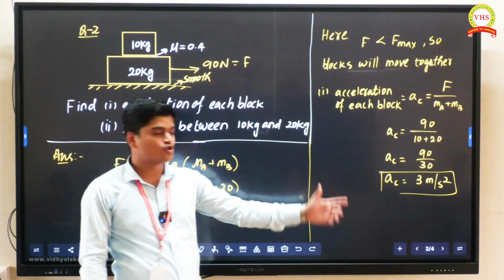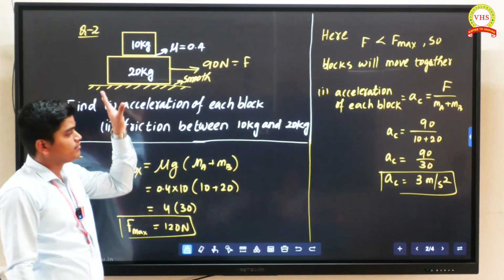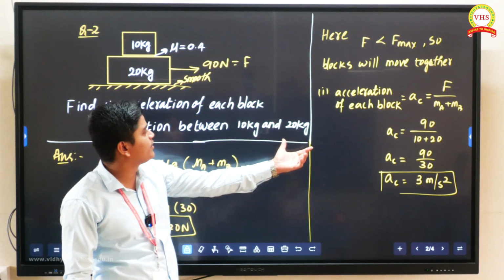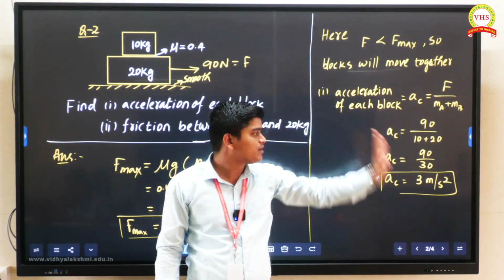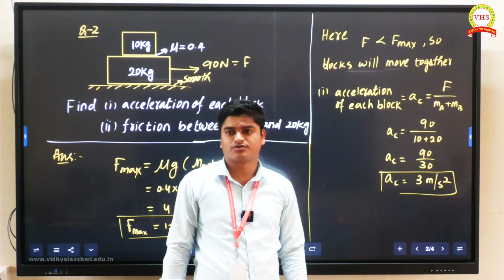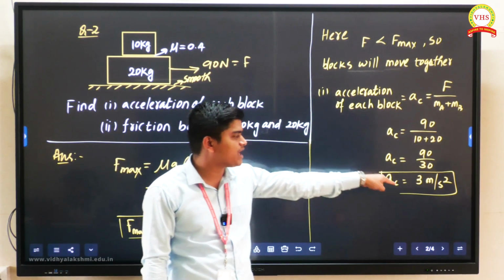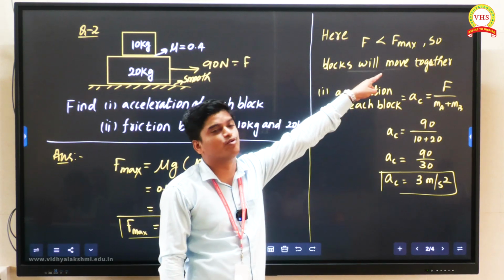Clear? As both blocks are moving together, the common acceleration you can directly find is 3 meter per second square. No doubt here. Why did I find the common acceleration? Because they are moving together.